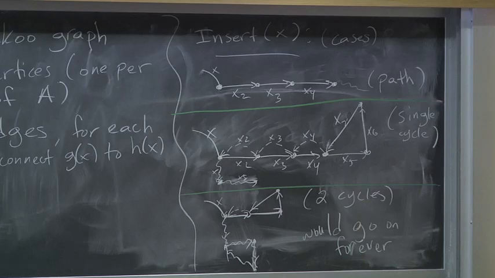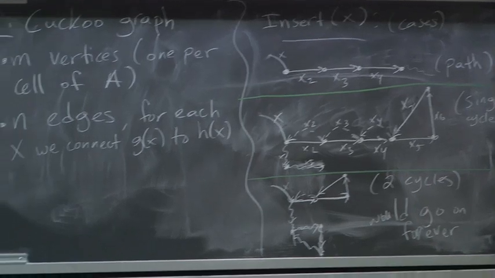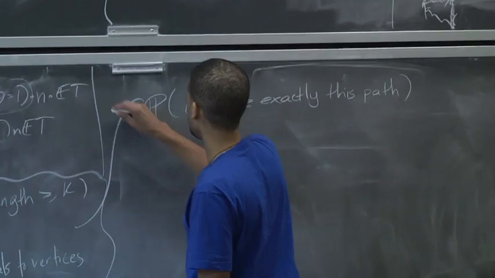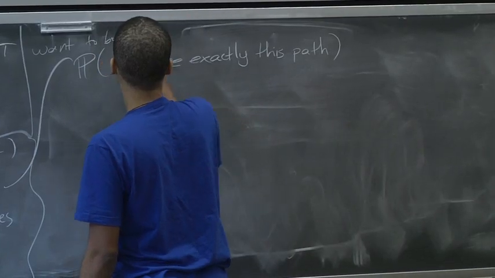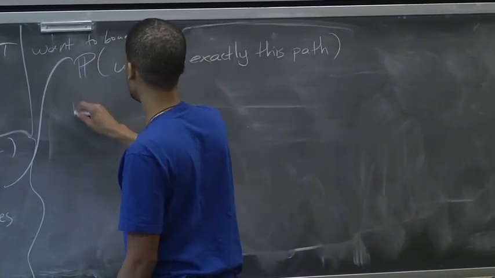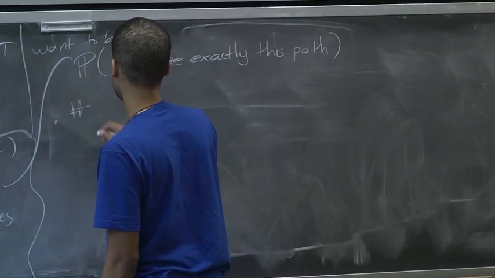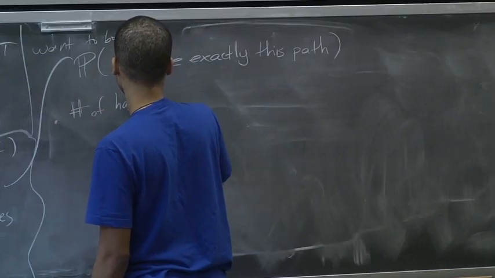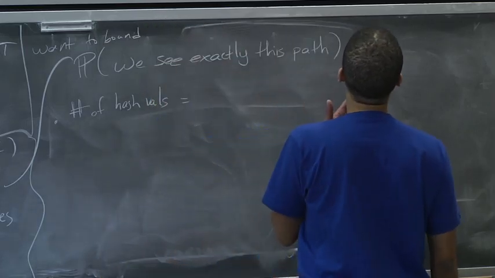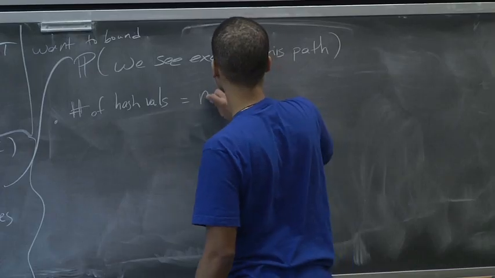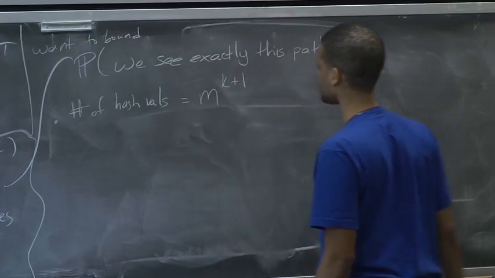Okay. So we want to bound. So we have that the number of hash values is, I guess, m to the k plus 1.